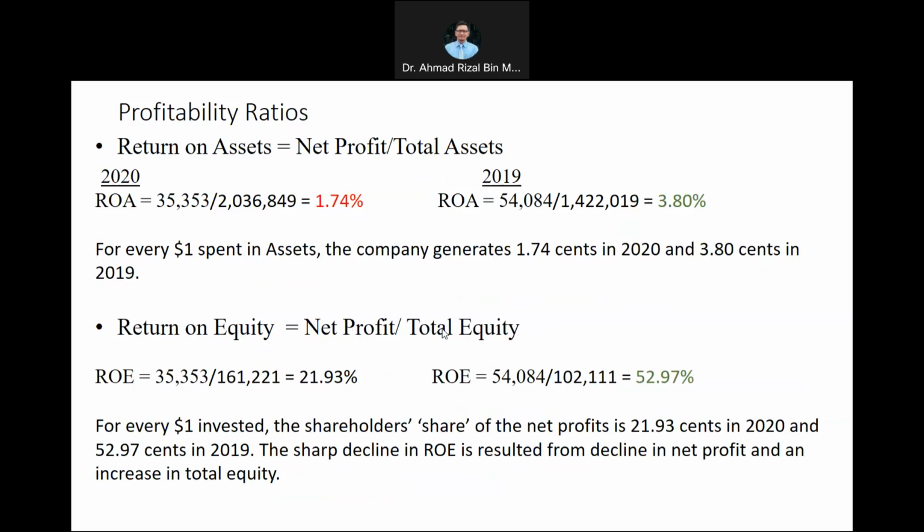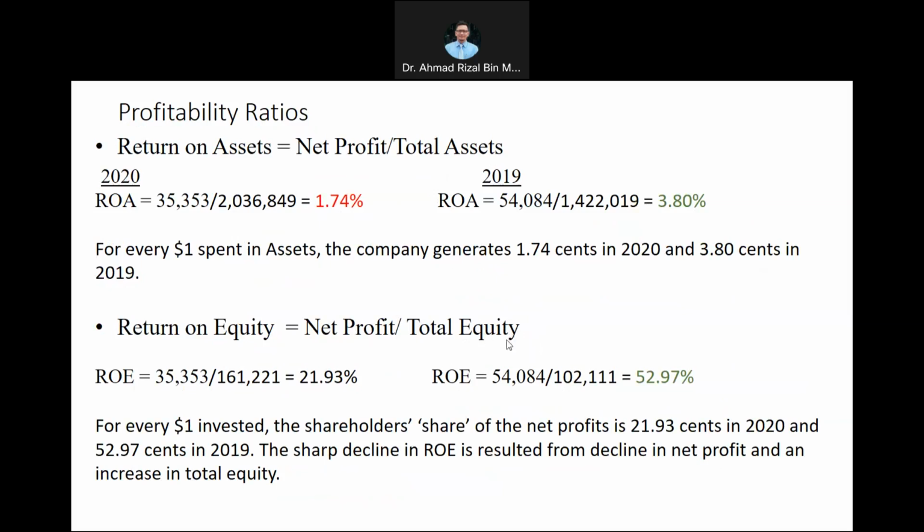For return on equity, it is net profit divided by total equity. Remember earlier I said that the proportion of the equity is much smaller compared to liabilities. In fact, in our long-term debt ratio earlier, the ratio was about 85%, leaving equity only about 15%.